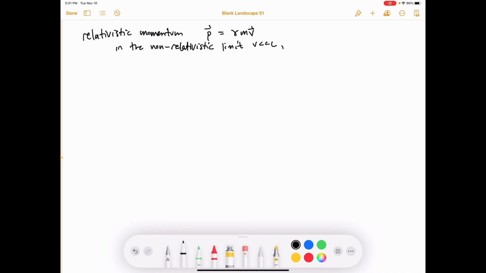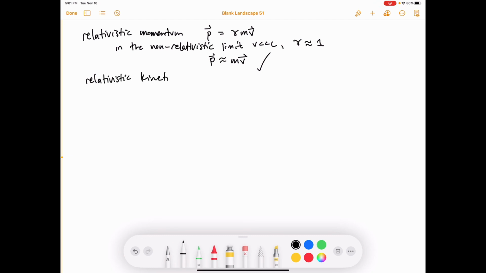We saw earlier that gamma will be very close to 1. So gamma is approximately just equal to 1 in that limit. And so the momentum will simply be approximately equal to m times v. So we get the classical definition of momentum in the non-relativistic limit. So that all works.